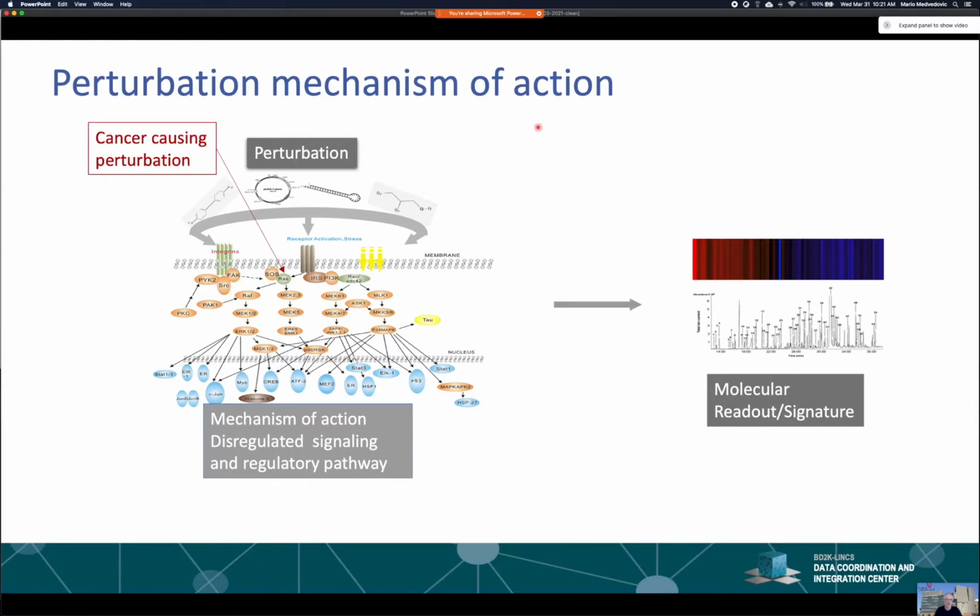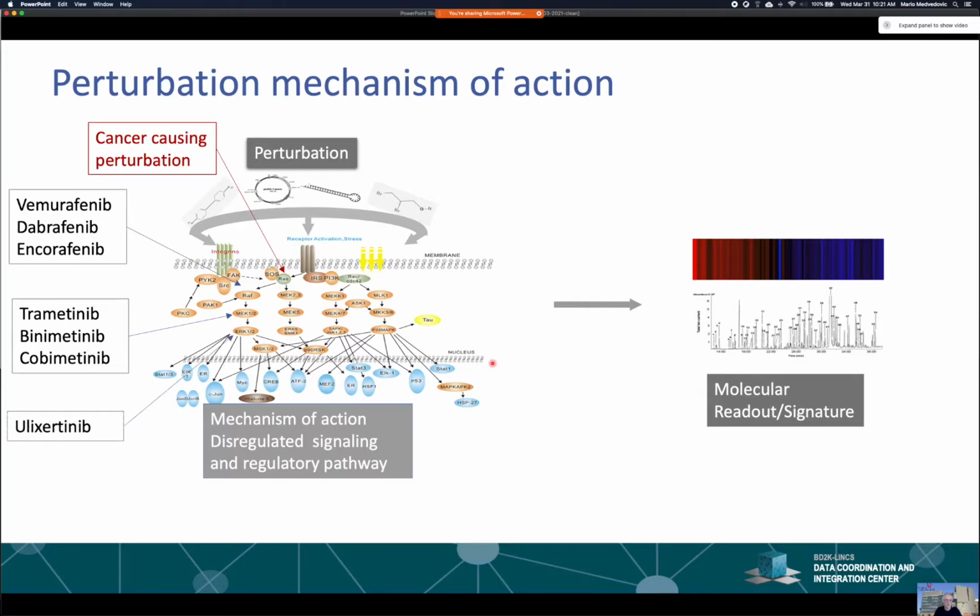So if we knew what's happening, for example, if we know that the perturbation is a disease-related perturbation that has constitutively activated RAS, and then in some context that leads to a cancer. And then if we know the mechanisms of different drugs, what kind of effect they would have on this signaling pathway, we could maybe reverse the effects of this disease-causing perturbation by one of these treatments.